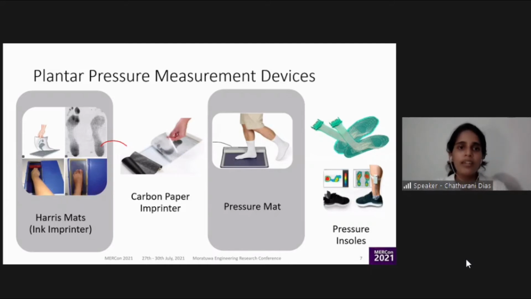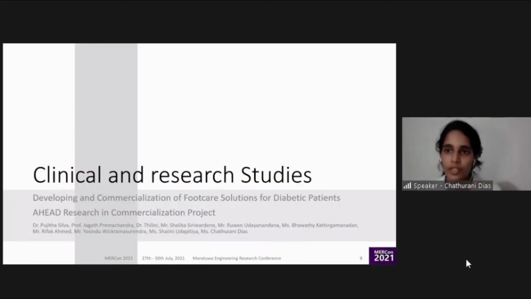So with those fundamental ideas about pressure measurement, I would like to move on to sharing some of our experience where we try to use pressure measurement in a biomedical research and product development study.